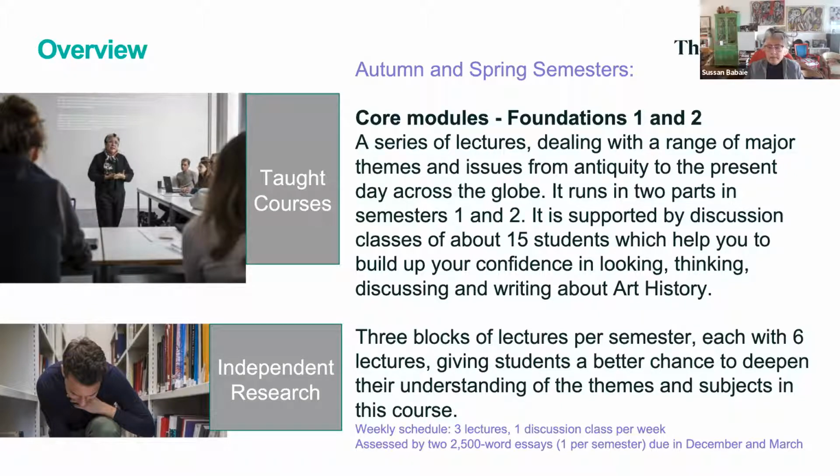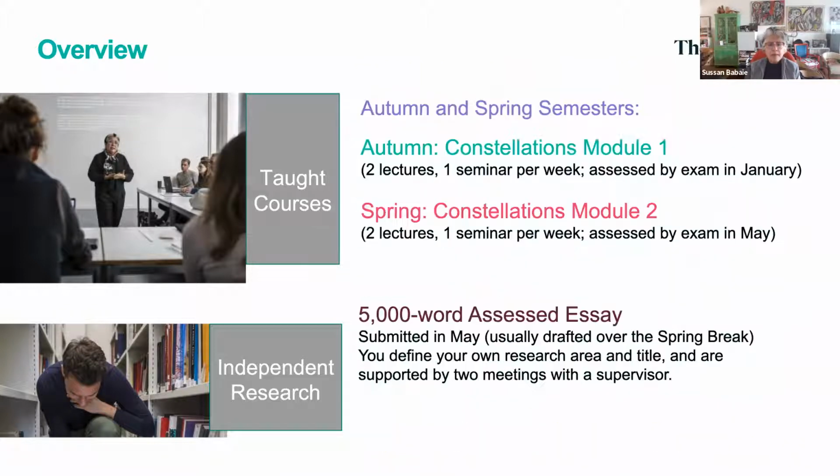The foundations are assessed by way of 2 essays, 2,500 words each, so 1 per semester, which are delivered at the end of each of those semesters. The other taught course component of the graduate diploma, also divided between autumn and spring semesters, is a course type we call Constellations.